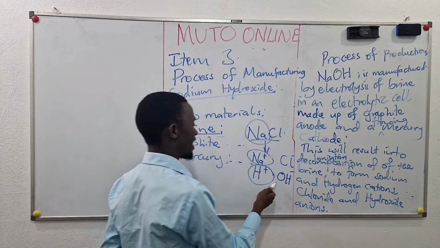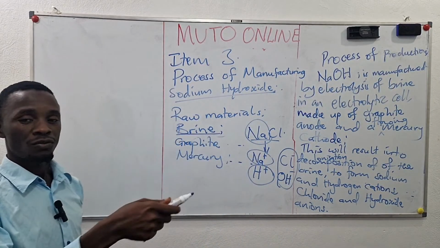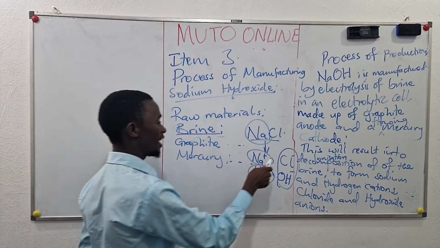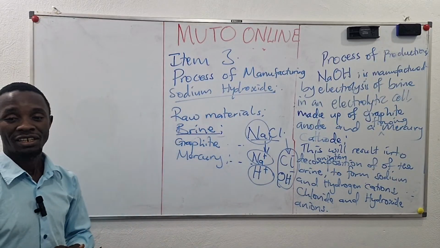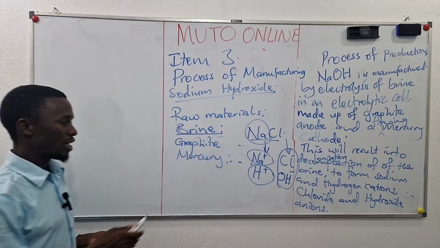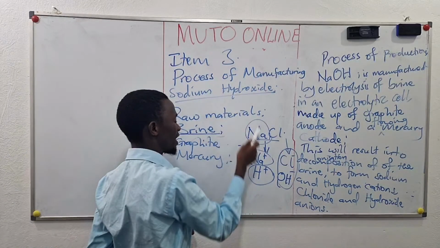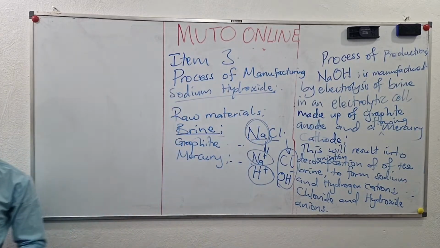I will need the anions if they are asking for the manufacture of chlorine gas, because to form chlorine gas, we shall need to discharge the chloride ions, as we shall see. But for now, they're asking for production of sodium hydroxide, which will come from the sodium in the raw material.